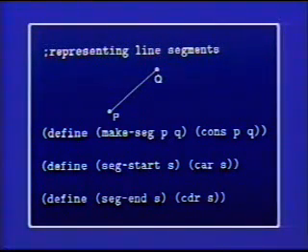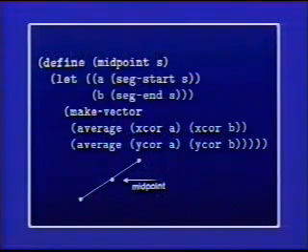Well, now having done that, we can have some operations on them. Right? Like we could say, what's the midpoint of a line segment? So here's the midpoint of a line segment. That's going to be the point whose coordinates are the averages of the coordinates of the endpoints.